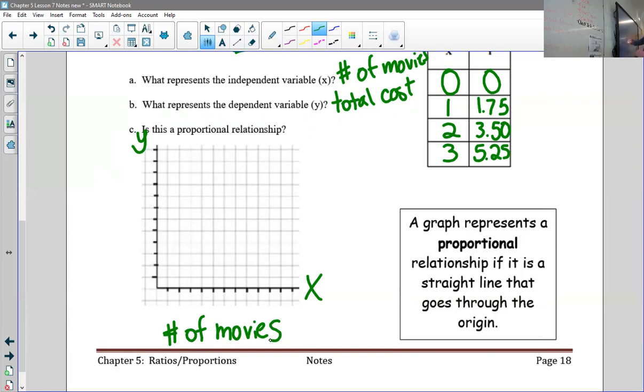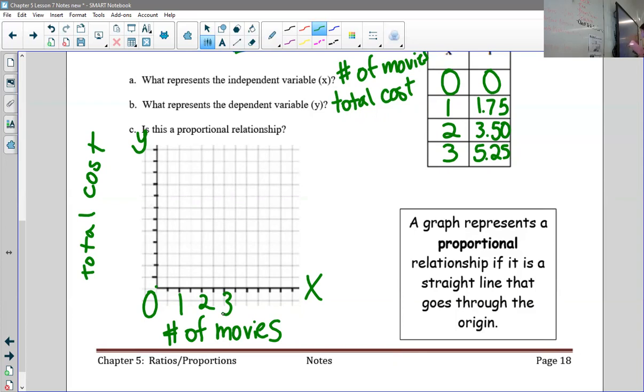So I'm going to label the y-axis with total cost. I'm going to start with 0 in our corner here or at our origin. And now I'm going to label this 1, 2, 3 for different types of movies. And I decided to skip a tick mark so I could see this better.